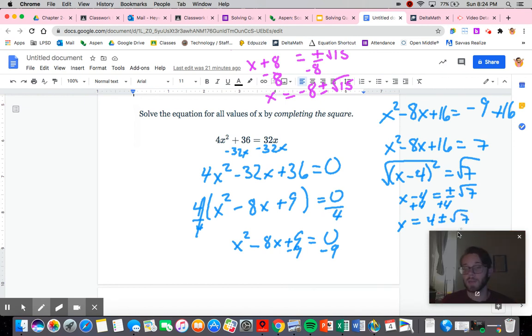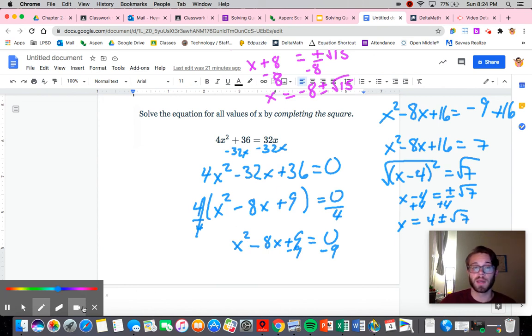This is really nice because it means that if I tried to factor it from the get-go, I was not going to be able to do it. If you ended up with just a number, it would have been factorable. But when you end up like this, it means you're going to have to use the quadratic formula or complete the square.